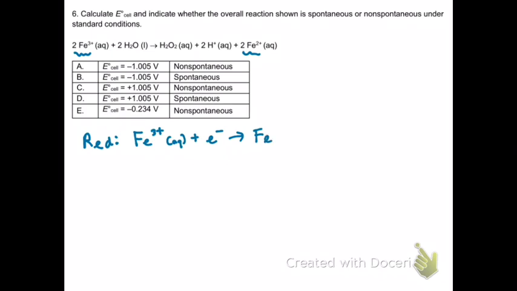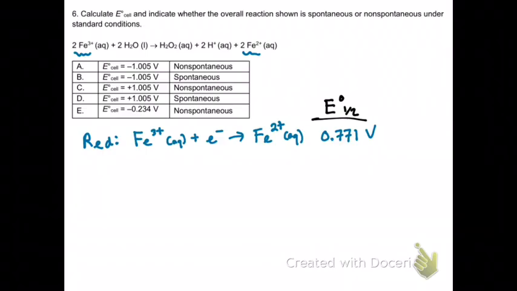All that matters are the materials and the oxidation states that we're working with. And using our handy-dandy table of standard potentials, we can figure out that the reduction half potential of iron 3+ to iron 2+ is positive 0.771 volts.